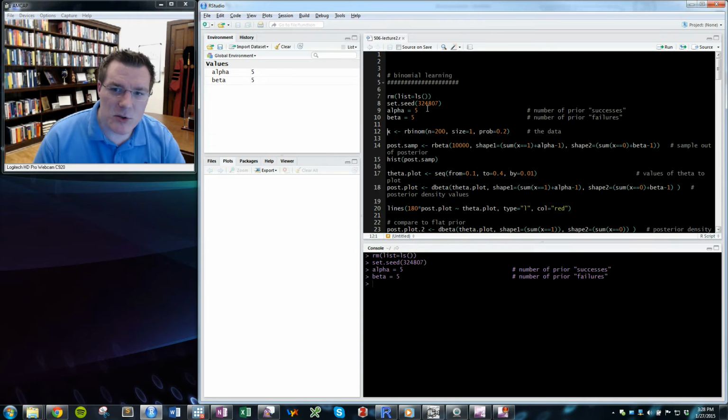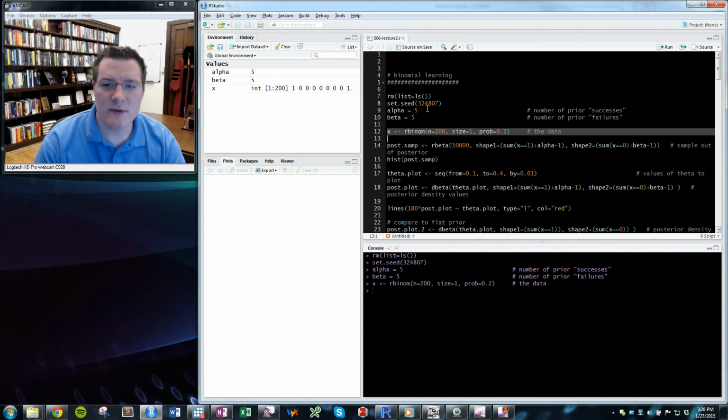Then I'm going to draw 200 values of a binomial variable x from a binomial distribution with probability 20% of a success. So there's a 20% chance that x equals 1. Notice that this does not necessarily provide a good match to our prior expectation, which is roughly 50%.